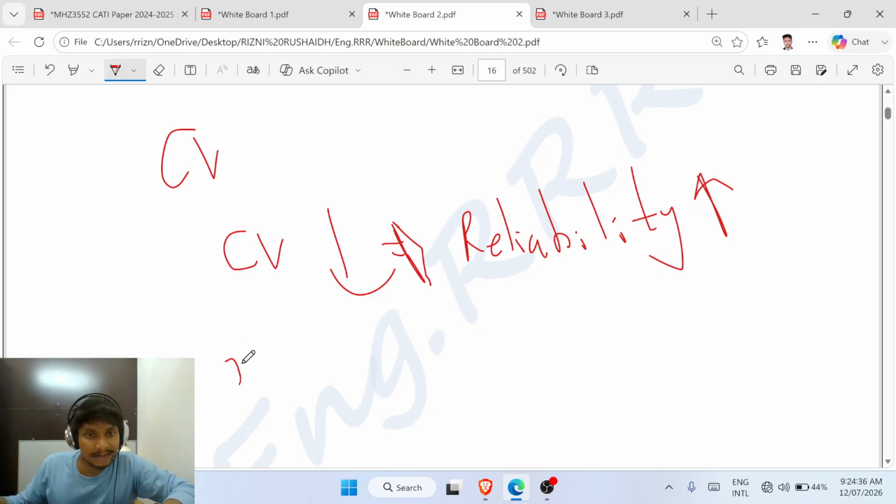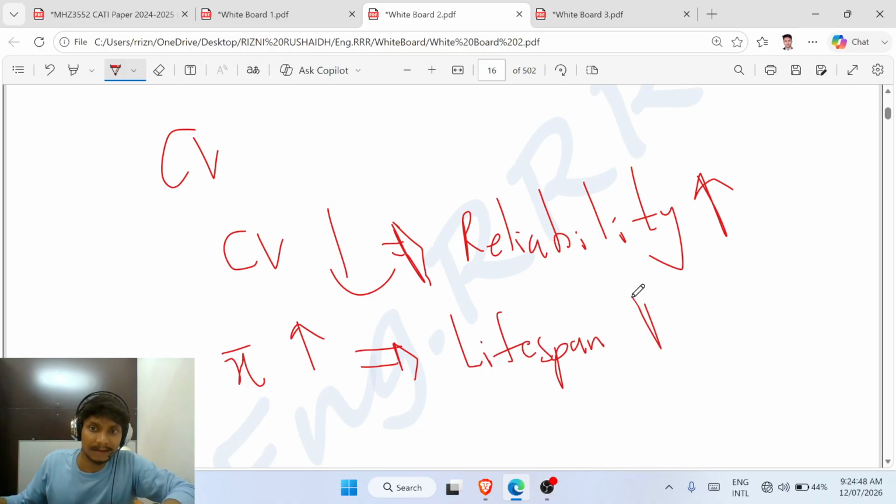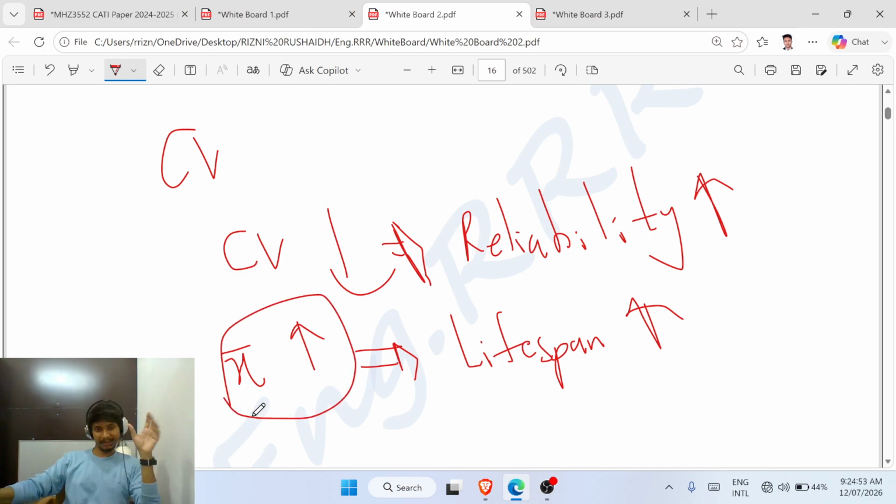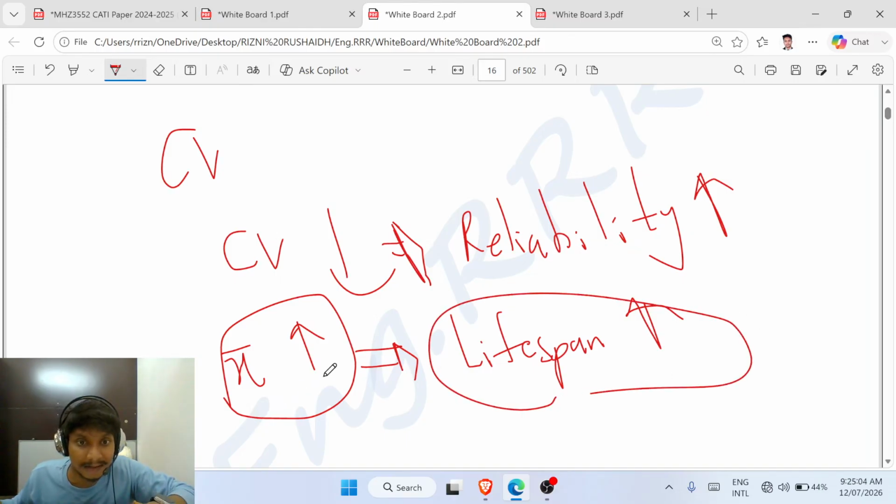If we increase the X bar, the lifespan will increase. If X bar is greater when we compare, the lifespan also will increase.